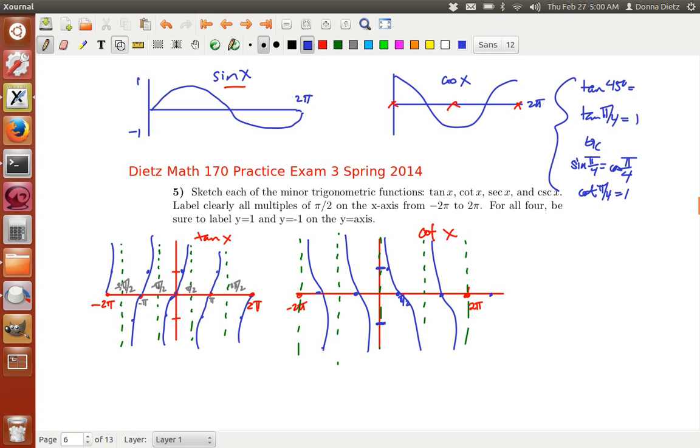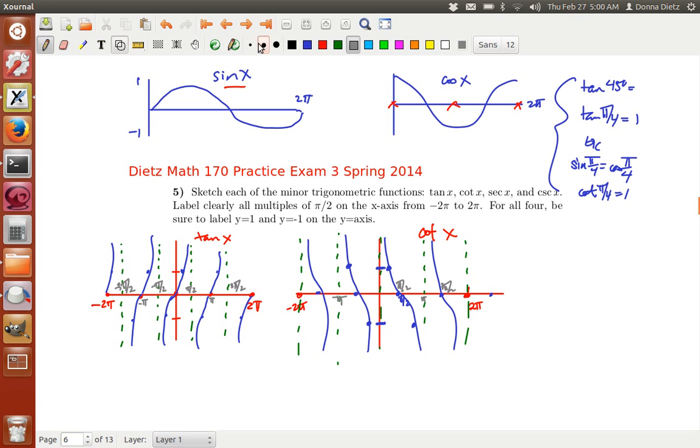Okay, so this is kind of a bad plot, but here we go. That works. And again, we've got to go through and label all these guys. Minus pi, pi, 3 pi over 2, pi over 2.